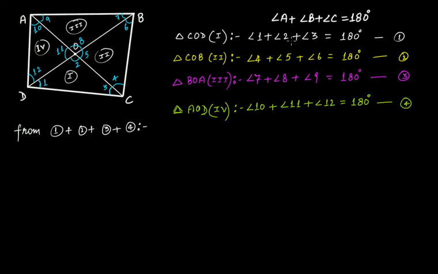Let me copy it here so that we can quickly do it. Angle 1 plus angle 2 plus angle 3, that is, you will add the left hand side of all these 4 equations together.